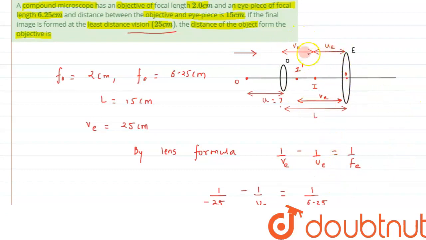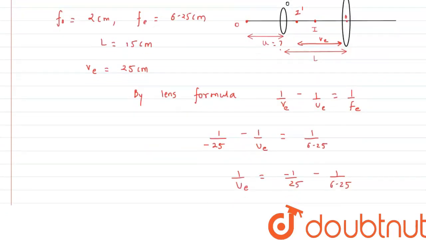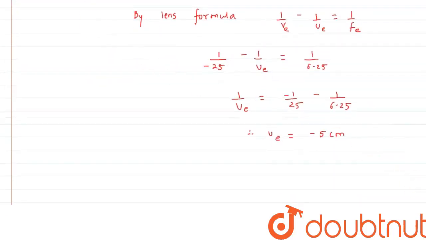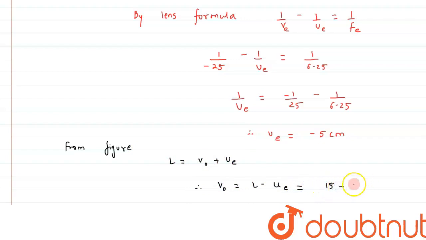Now from the diagram we can calculate the value of V naught. From the figure, we can write L is nothing but V naught plus UE. Therefore the value of V naught would be L minus UE. L has been given as 15, and UE we have just calculated as 5.